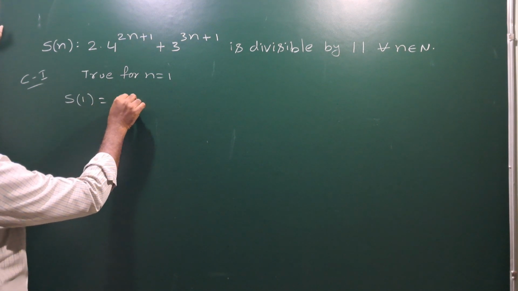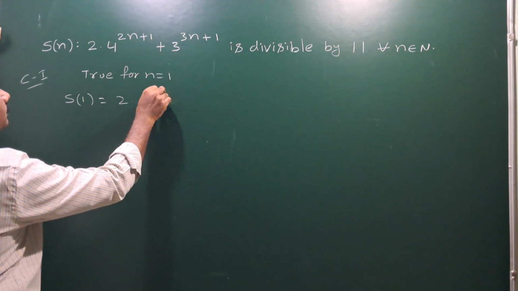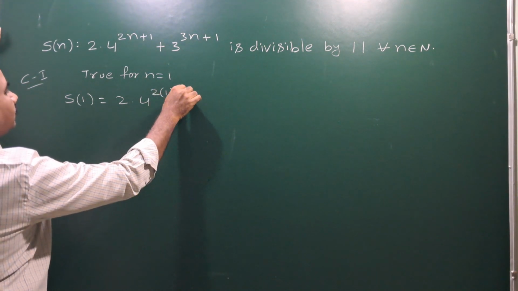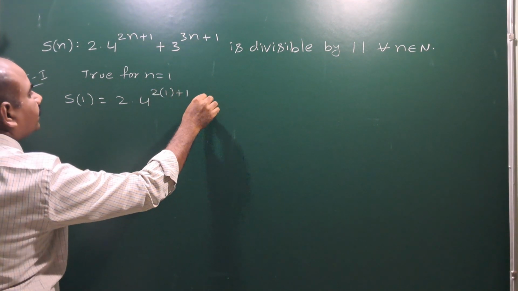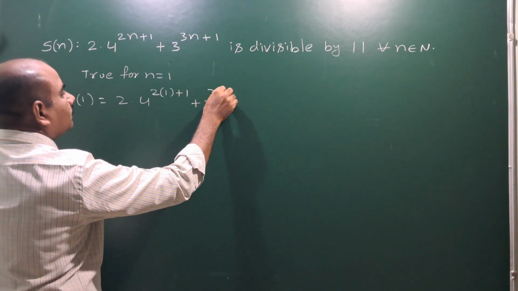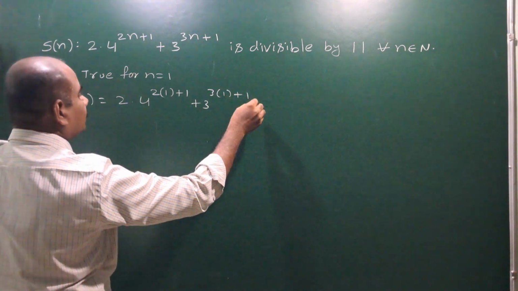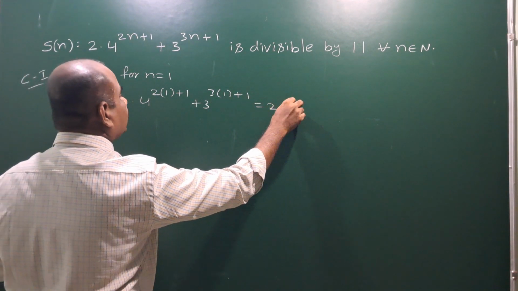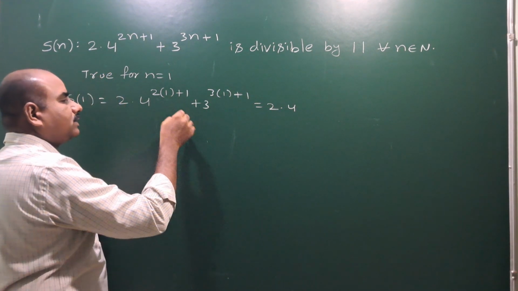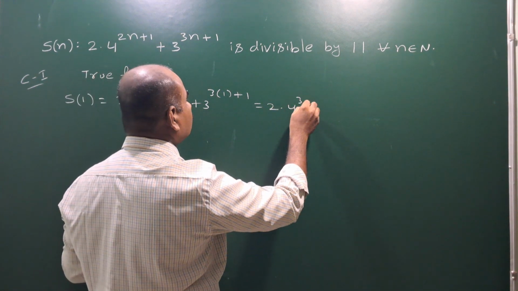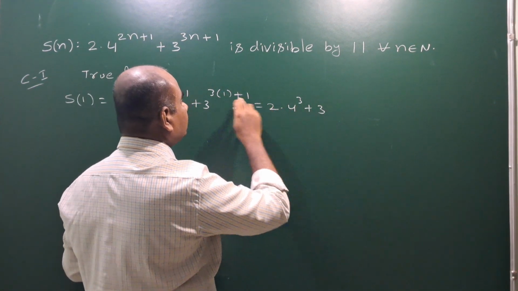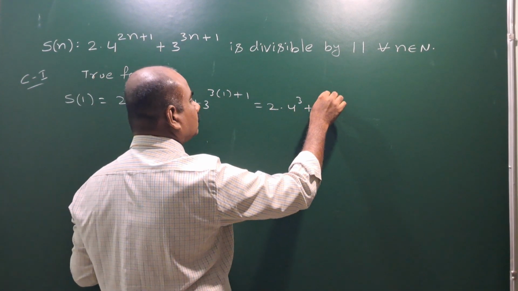So the statement is like this: 2 × 4^(2×1+1) + 3^(3×1+1). This becomes 2 × 4^(2+1) = 4 cubed, plus 3^(3+1) = 3^4.